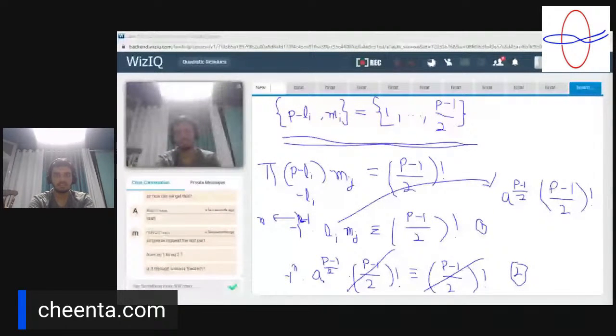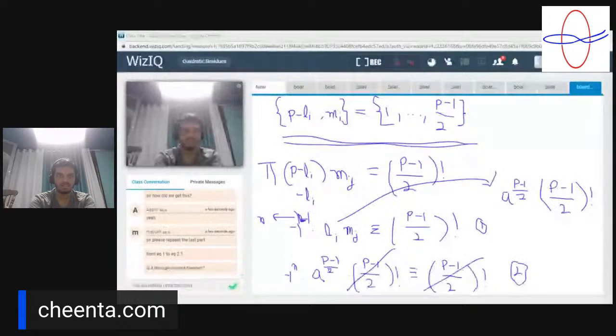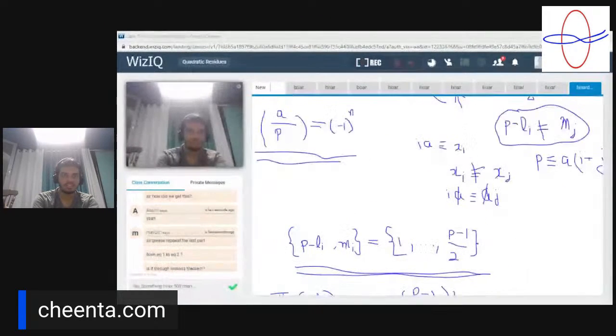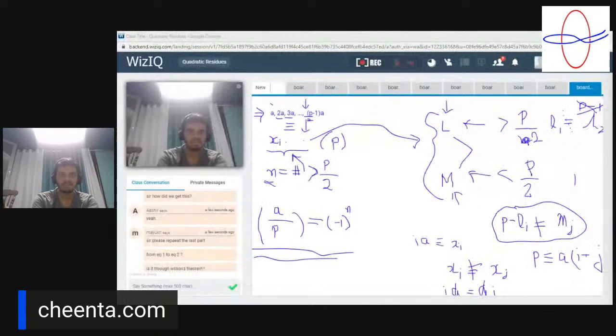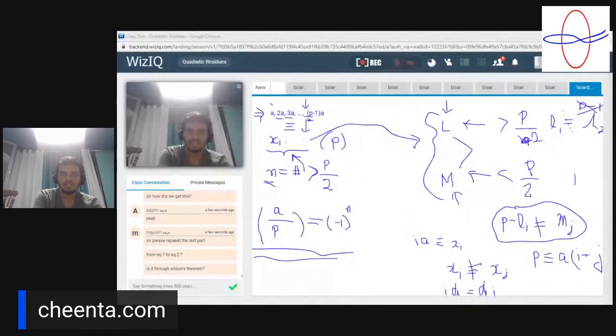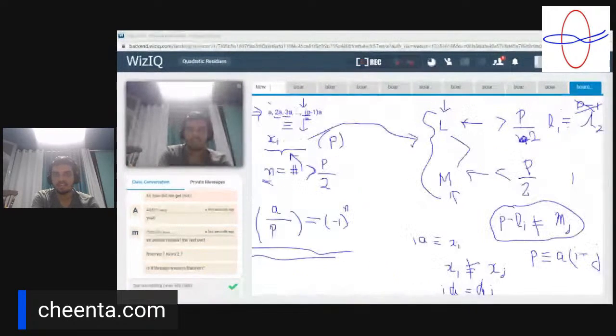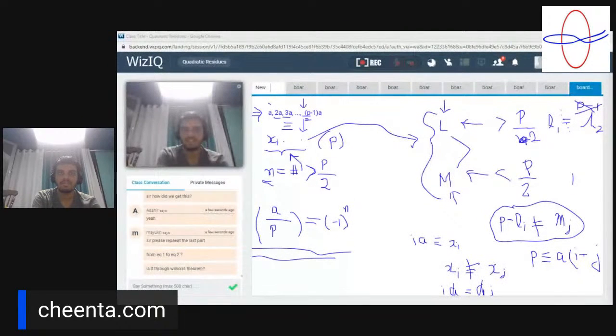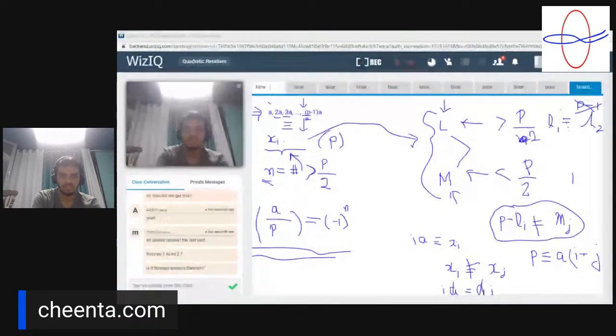So the multiplication of all the Li's and all the Mj's together gives us this value here. This is just substitution of our original value, right? So if we look at all the terms in L and all the terms in M together, it's just all the terms here, and so I can just substitute these values back. Since I'm multiplying everything together, I have a raised to p minus 1 by 2 into p minus 1 by 2 factorial.